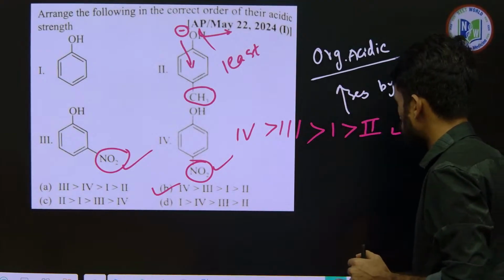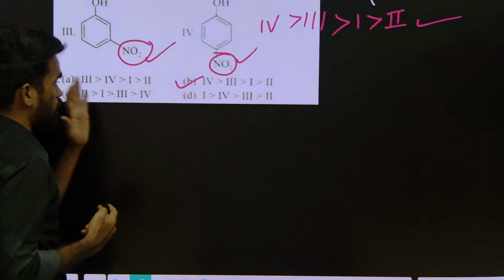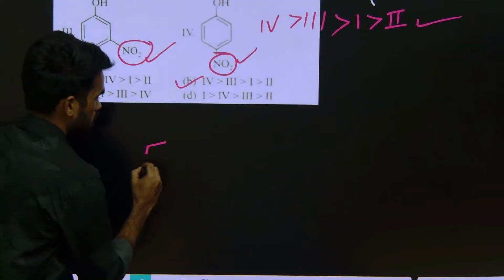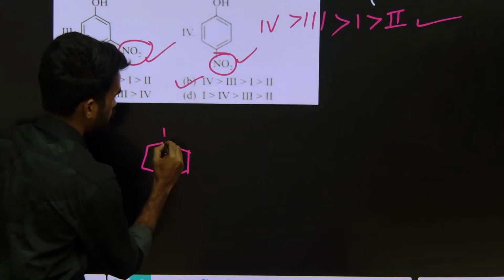So now can you give me the answer for this particular question in the same way, whatever concept you have learned, just use it on this compound and tell me.